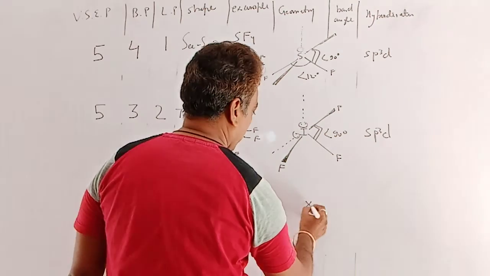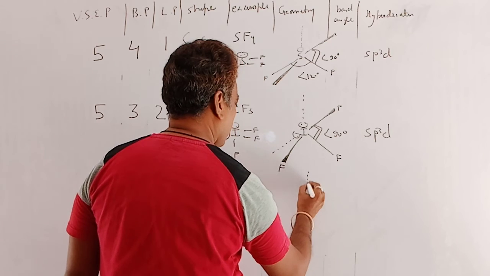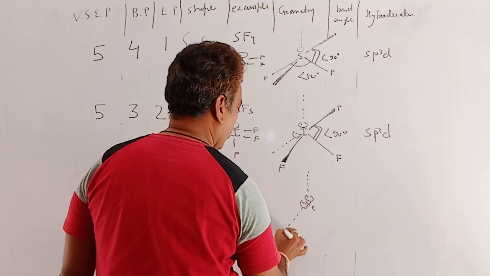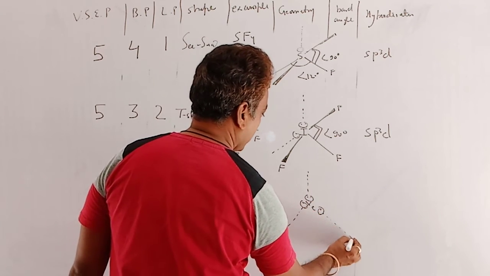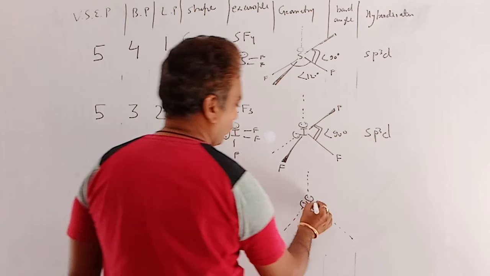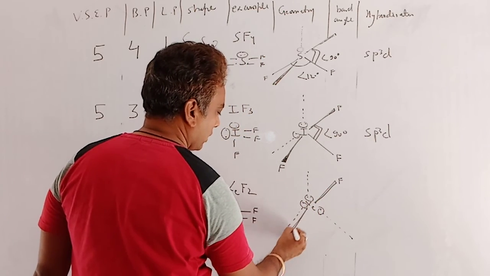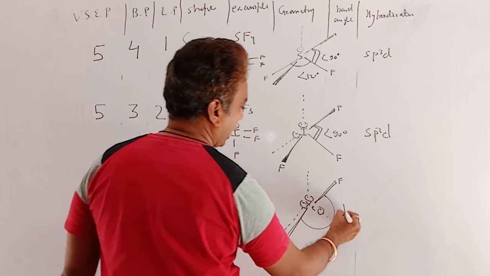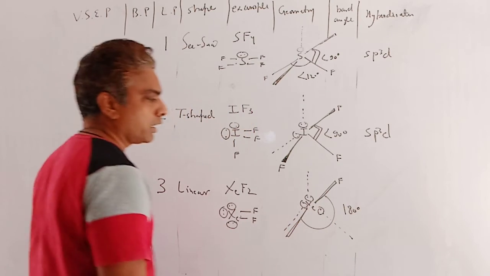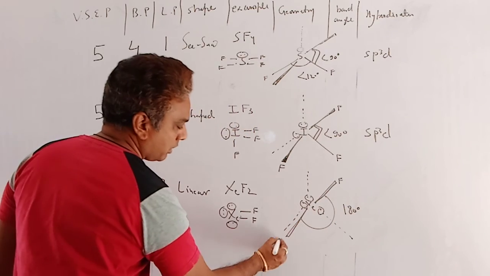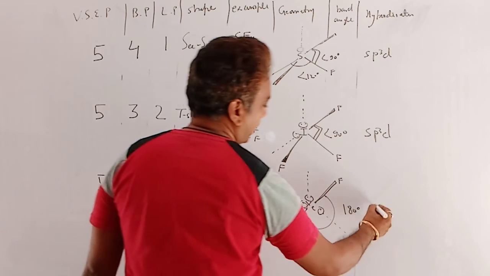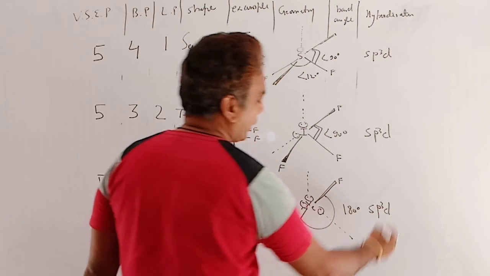So here iodine is replaced by xenon and the left 3 lone pairs occupy the trigonal sites. One fluorine is outward to the plane and another fluorine is downward to the plane. Here the bond angle is 180 degrees. So geometry will be linear and hybridization is sp3d.